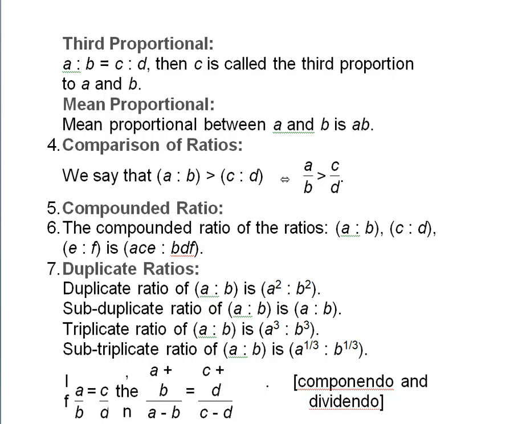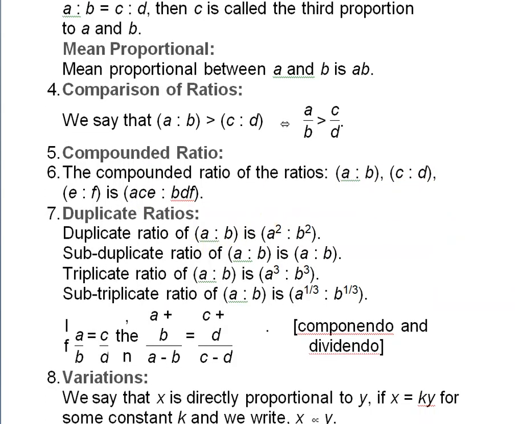Comparison of ratios: if A ratio B is greater than C ratio D, then A divided by B is greater than C divided by D. Compounded ratio: the compounded ratio of the ratios A ratio B, C ratio D, E ratio F is ACE ratio BDF, that is, multiplying the antecedents and the consequents.